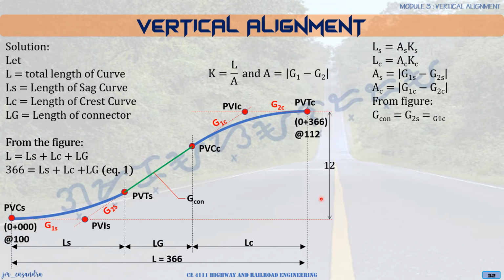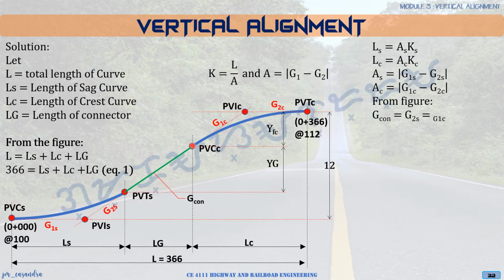Therefore, the difference in elevation between the sag curve and the tangent of the crest curve is 12 meters. So we'll now call the height between the tangent and the curvature of the crest YFC.